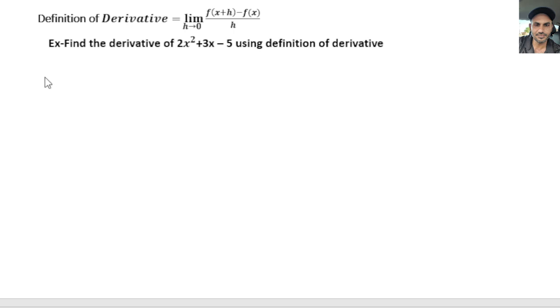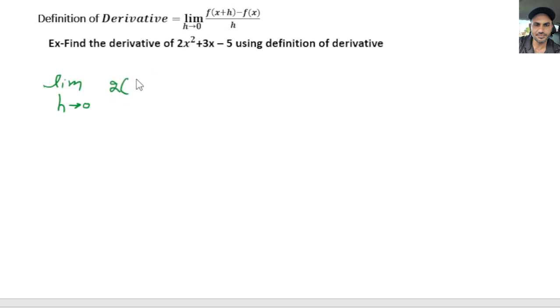So we have the limit as h goes to 0. And I'm going to start plugging this in right here. So we have 2 for x.